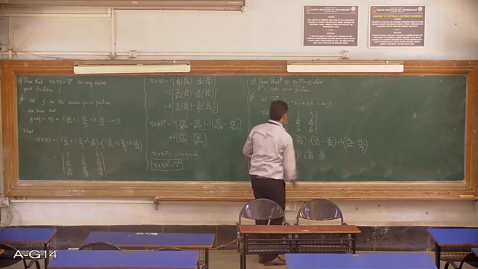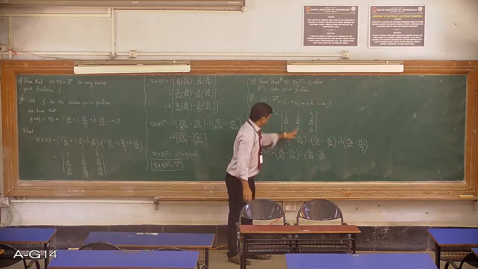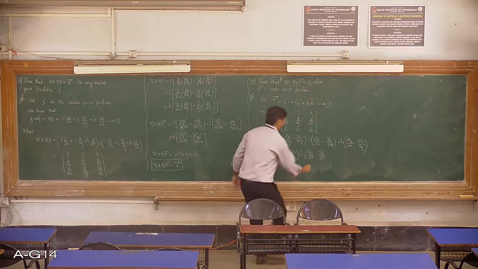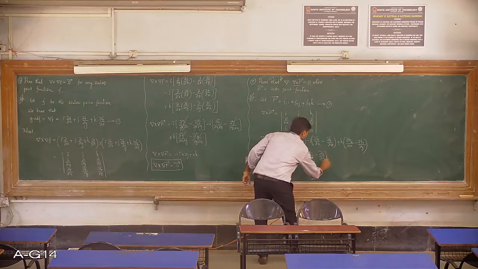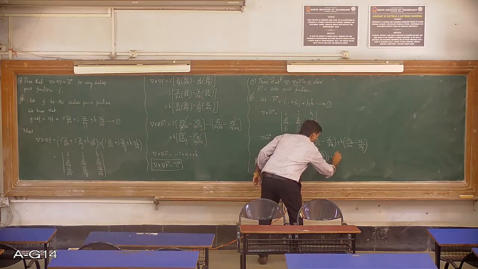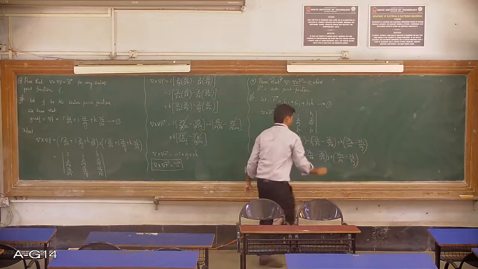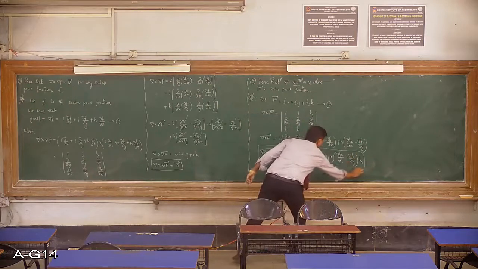Sorry, here I made a small mistake: with respect to x it is f3 by dou x, and the other one is with respect to z. Okay. So this is plus j, and next you write as it is dou f2 by dou x minus dou f1 by dou y, and here it is k.